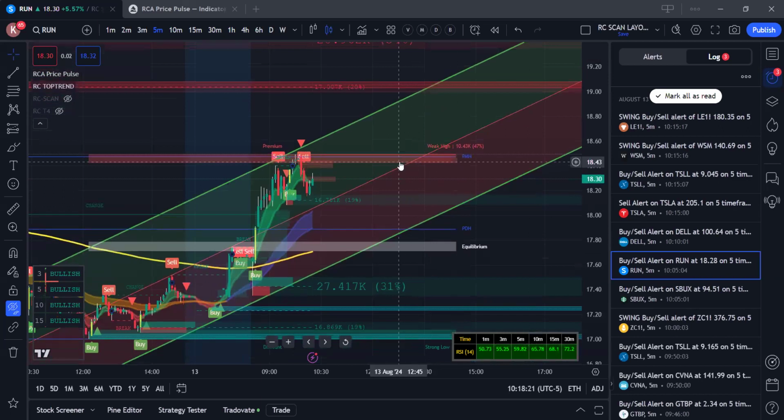You can sell 18.5 puts for Run and collect the premiums. So if it goes above 18.5 or if it goes to 19, most probably it will go and touch the 19 where there is a huge sell order block.